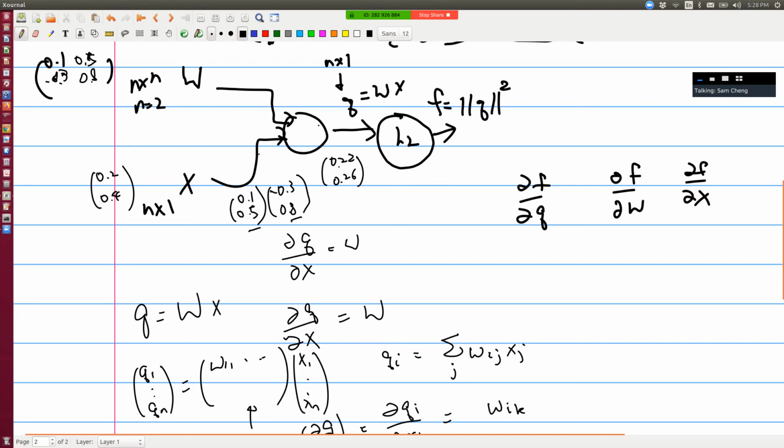When I pass back the derivative partial f partial q, since q is 2 by 1, it has two elements, partial f partial q1 and partial f partial q2. So the gradient passing back to x is this guy multiplied by this guy, and this guy multiplied by this guy.